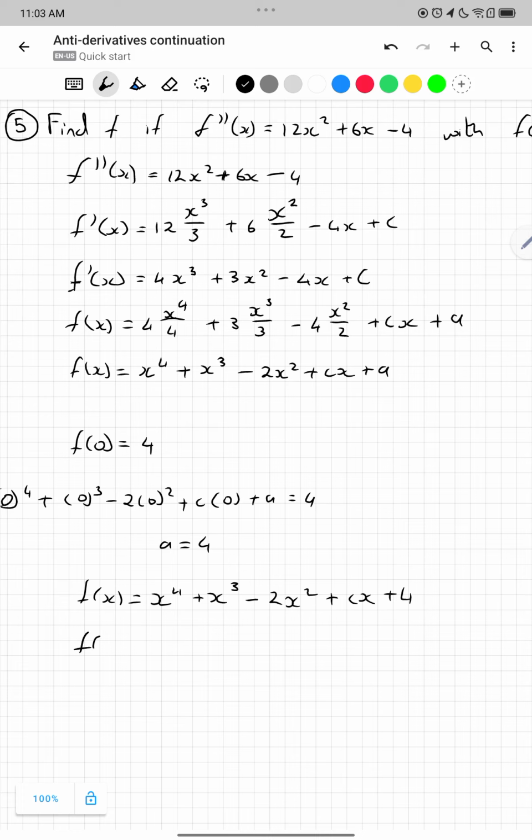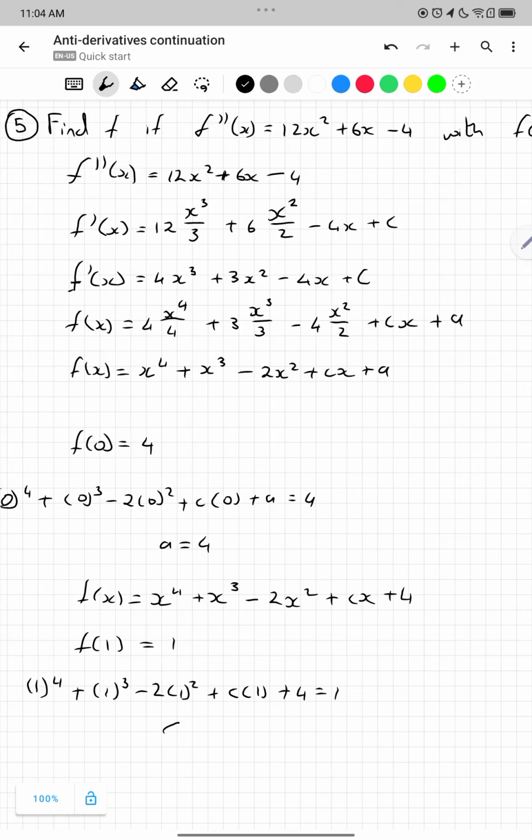So f of 1 is equal to 1. So 1 to the 4th plus 1 cubed minus 2 times 1 squared plus c times 1 plus 4 is equal to 1. So 1 to the 4th is 1 plus 1 cubed, which is 1, that's 2, minus 2 times 1 is 2, so that's 0, plus c times 1 is c, plus 4.